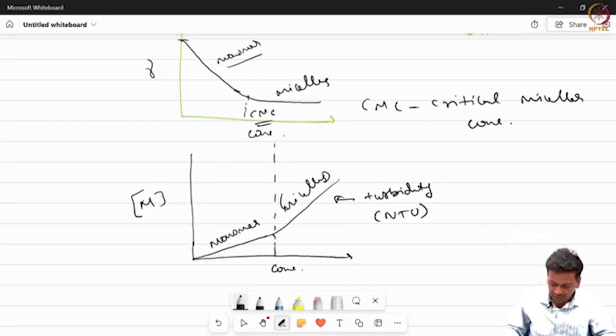For example, if I use a conductivity meter, in this case also you would see that the CMC is measured at the same point.